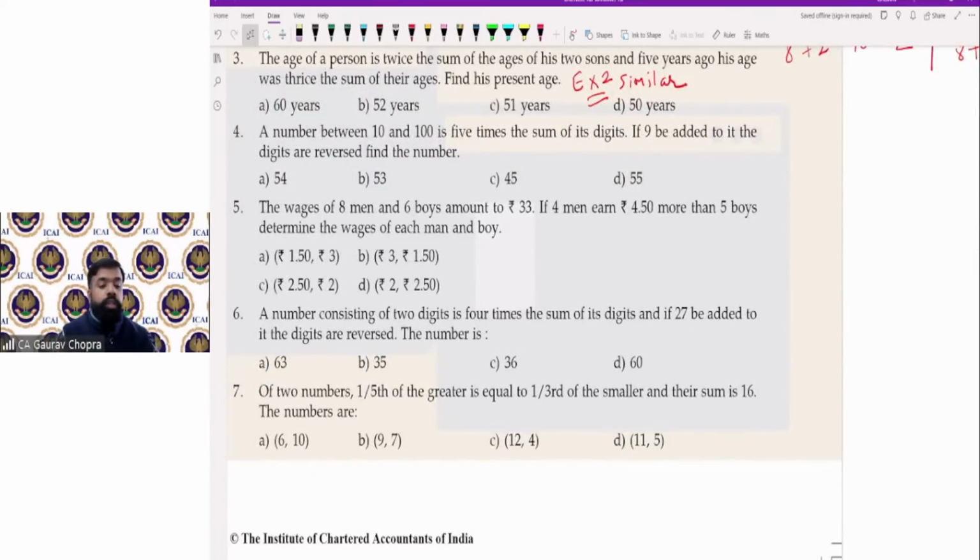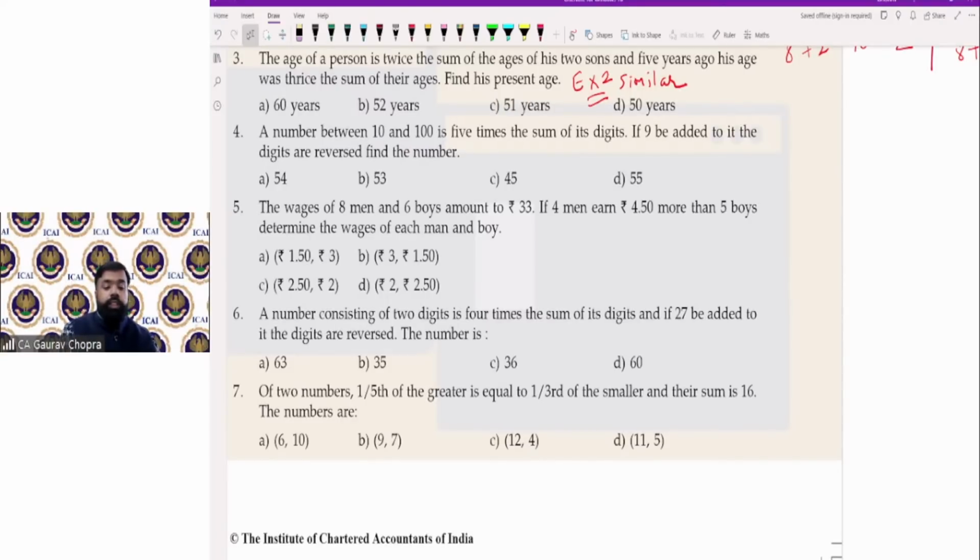Now, fourth one. A number between 10 and 100 is 5 times the sum of its digits. If 9 is added, the digits are reversed. Find the number. A number between 10 and 100 means it is a 2-digit number.